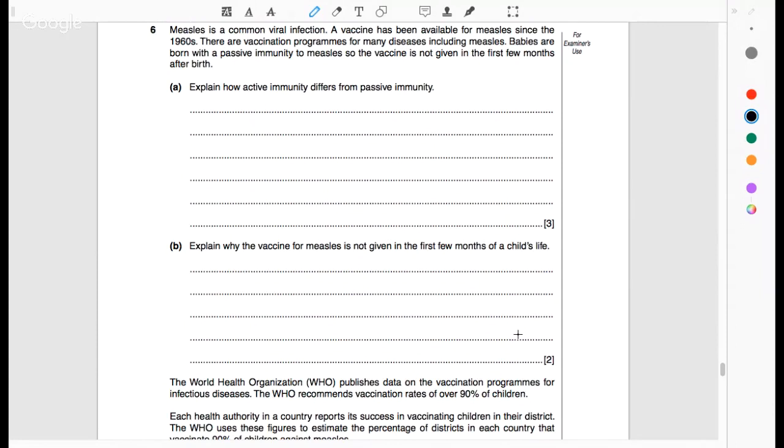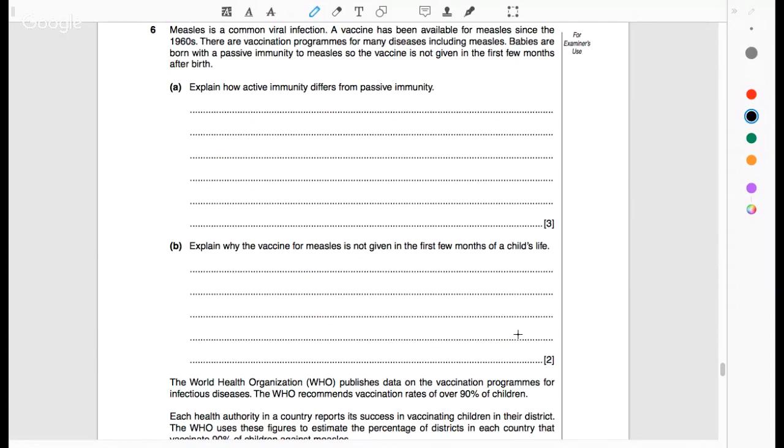So these antibodies could be IgA antibodies. And so antibodies are already present in the circulatory system. Okay. So there's no need for the vaccine.